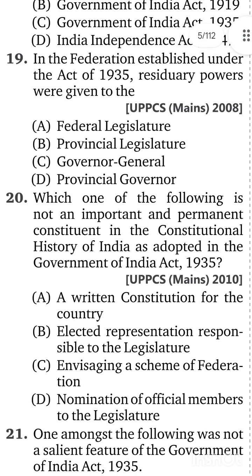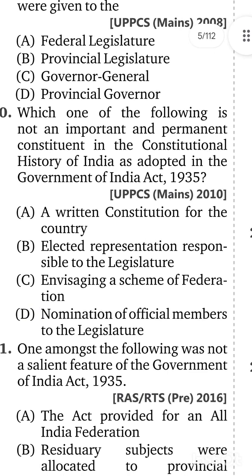20th. Which one of the following is not an important and permanent constituent in the constitutional history of India as adopted in the Government of India Act 1935? According to Government of India Act 1935, which is not important?